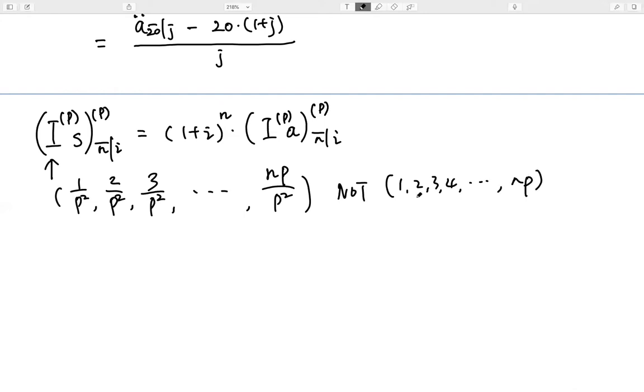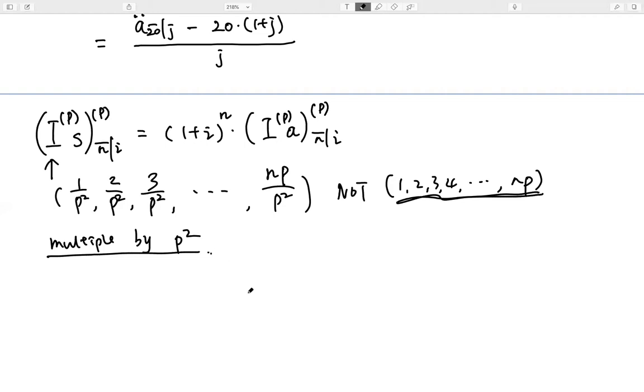So in order to get what we usually see in the question, like in the previous one, you need to remember to multiply by P squared. Otherwise, you will reduce the number by P squared. Of course, that is for annuity immediate.